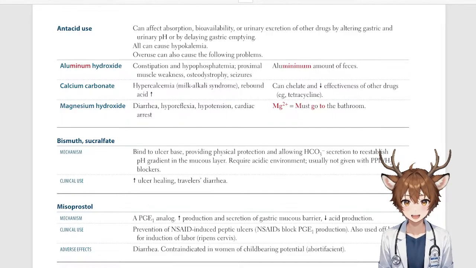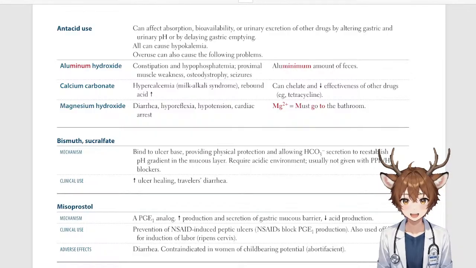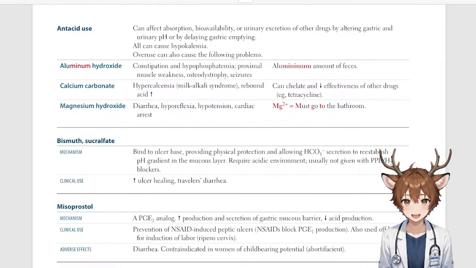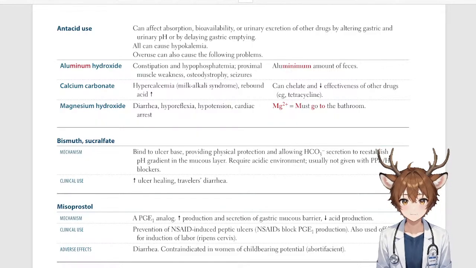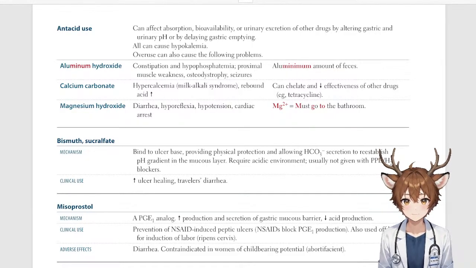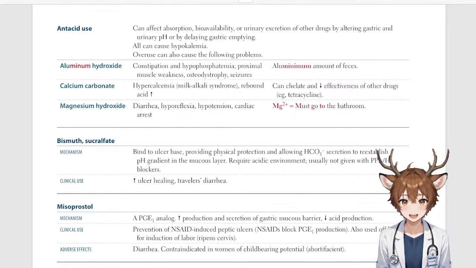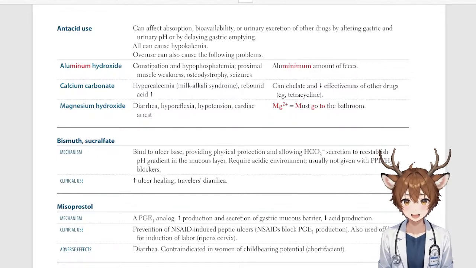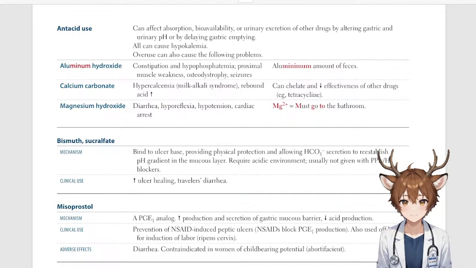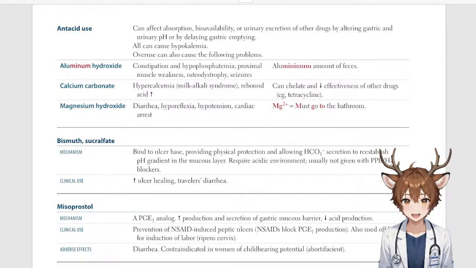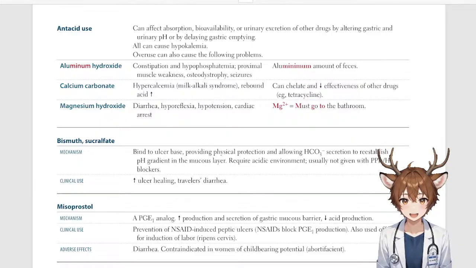Aluminum hydroxide: constipation, hypophosphatemia, osteodystrophy, proximal muscle weakness, and seizures. This is the learning device: aluminum amount of feces, CHOPS. I have no idea what that is. Whatever. But aluminum hydroxide, that's for constipation, hypophosphatemia, osteodystrophy, proximal muscle weakness, and seizures.